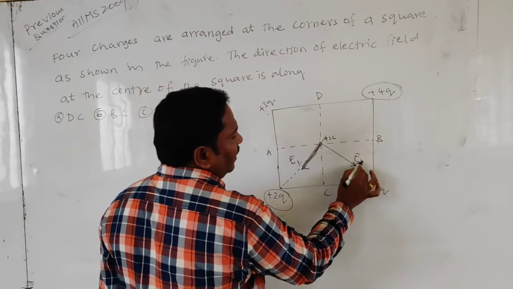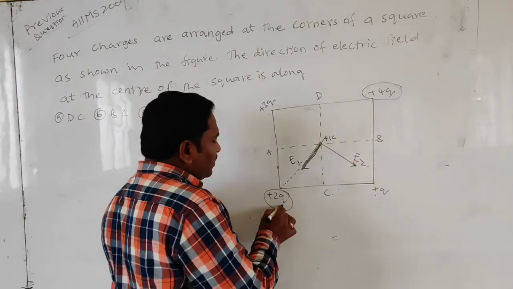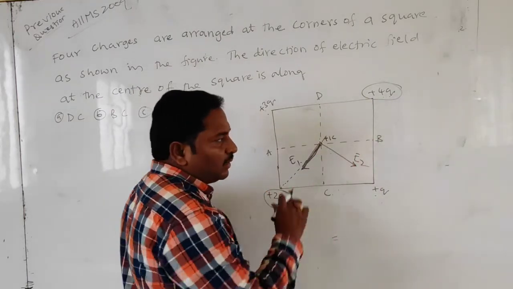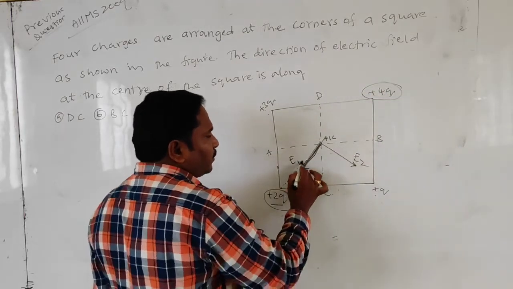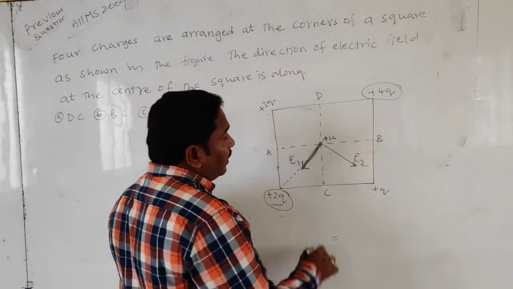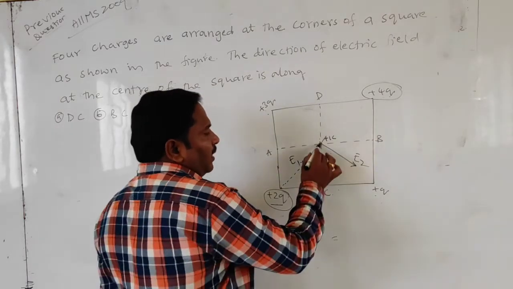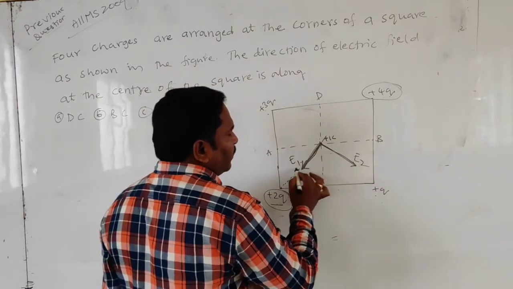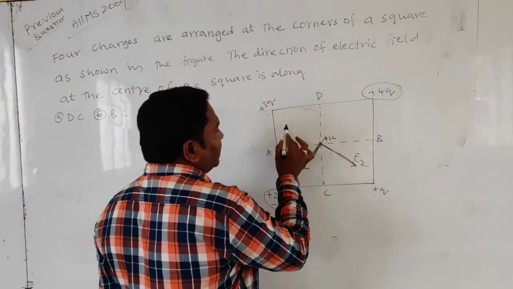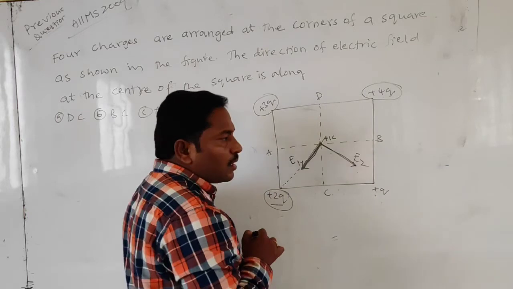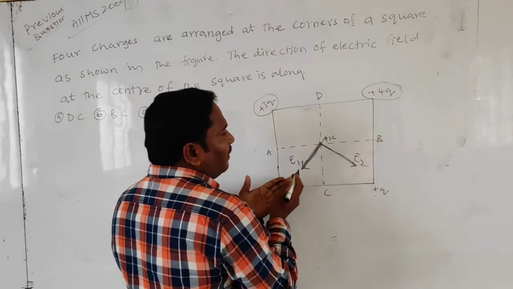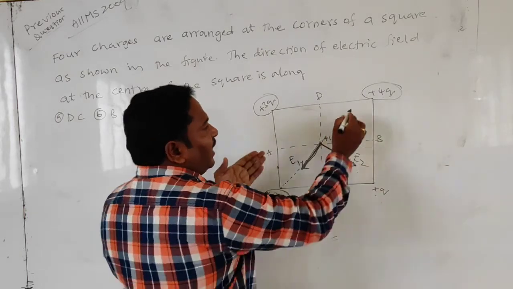So the intensity of electric field is this. Here also this is 2Q, this is 4Q. What is the net charge? 2Q. So due to this. Now here, these are the resultant electric fields. This is 2Q and this is also 2Q, and both have the same magnitude and direction.